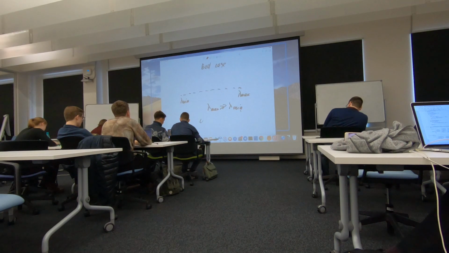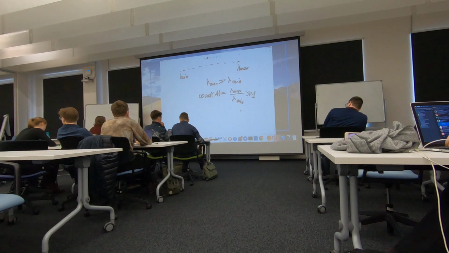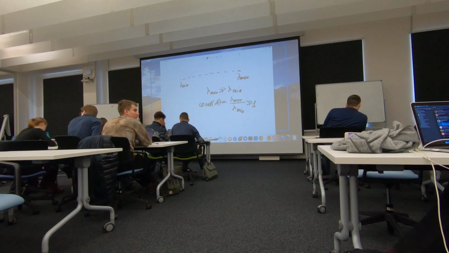Or the condition number of A, which is equal to lambda max over lambda min, is much greater than 1. So we cannot do anything else. If we just have the matrix-by-vector product, then we are lost.